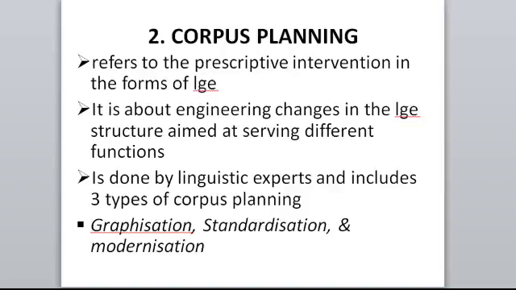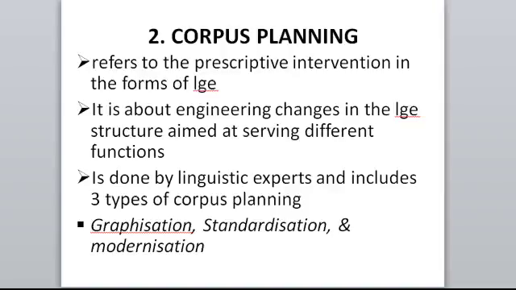It is about engineering changes in the language structure, aimed at serving different functions. Corpus planning is done by linguistic experts, or it is done by linguists, and it includes three types of corpus planning.